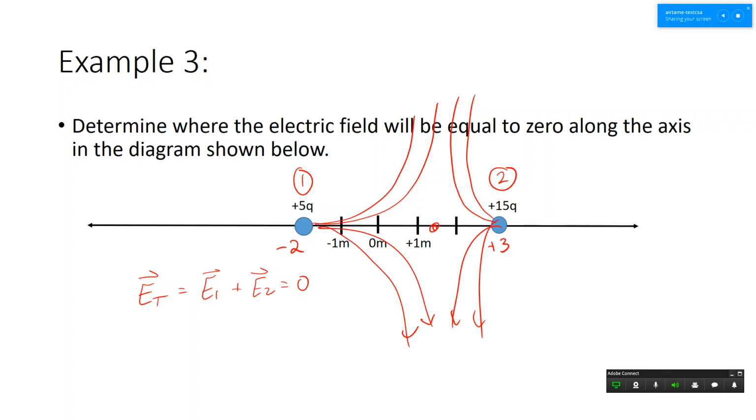So there's going to be some point there, I don't know where, but I just approximately drew a dot there, where the electric field is going to be 0. And the same thing here, there's going to be some point here.